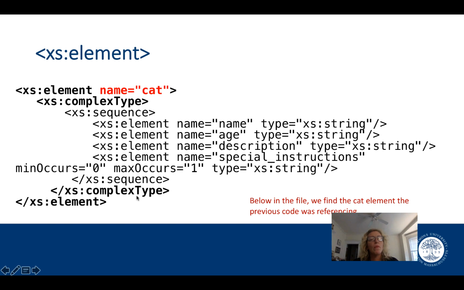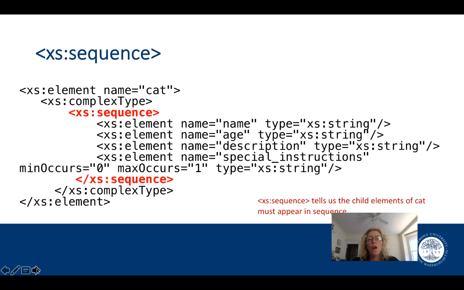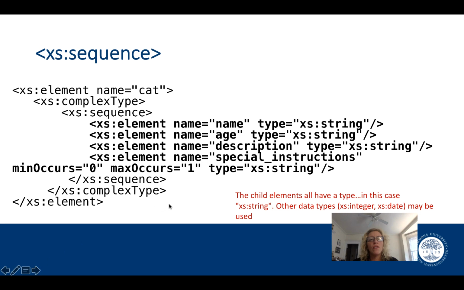So this is just breaking up that last slide, showing you how these things all tie together. This xs:sequence tag tells us that the child elements of cat must appear in order.